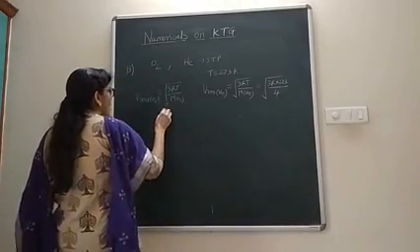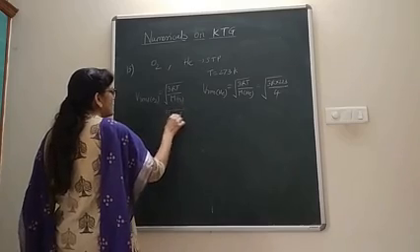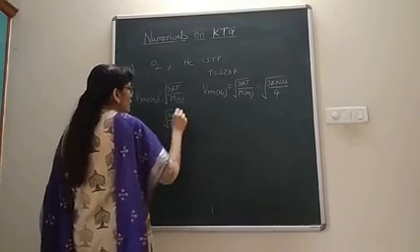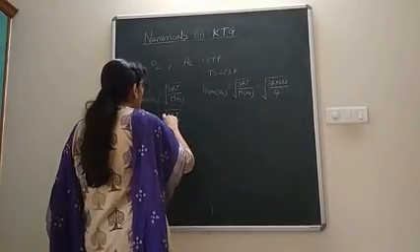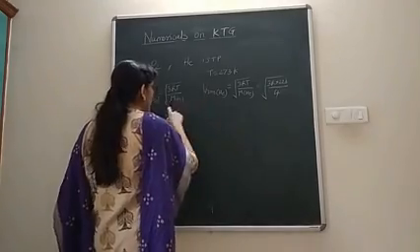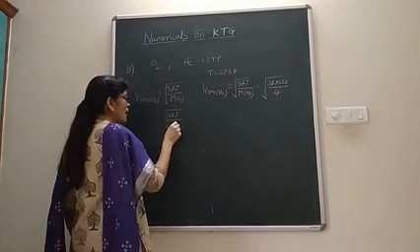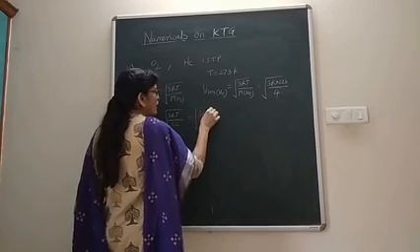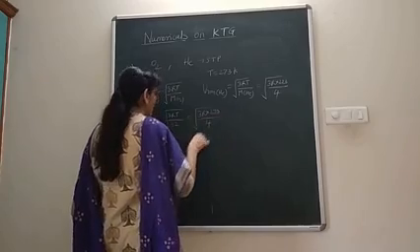The molecular weight of oxygen is 32. Let us equate this, because the question is at what temperature the V_RMS should be the same. So under root 3RT upon 32 is equal to under root 3R into 273 upon 4.